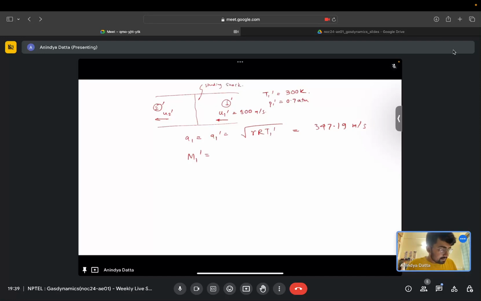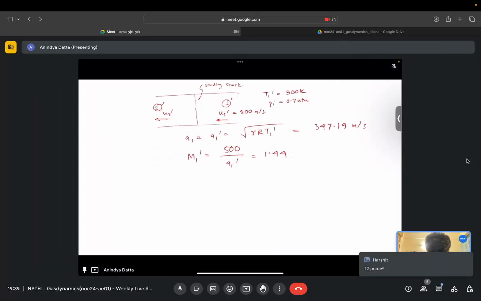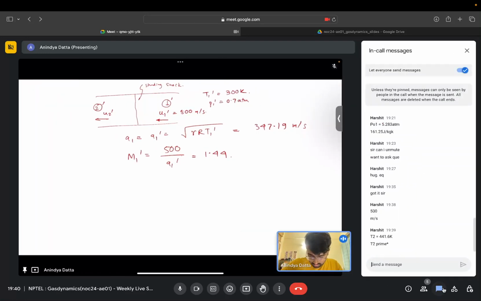Our M1 prime will become 500 divided by a1 prime, so this is 1.441, is this right?